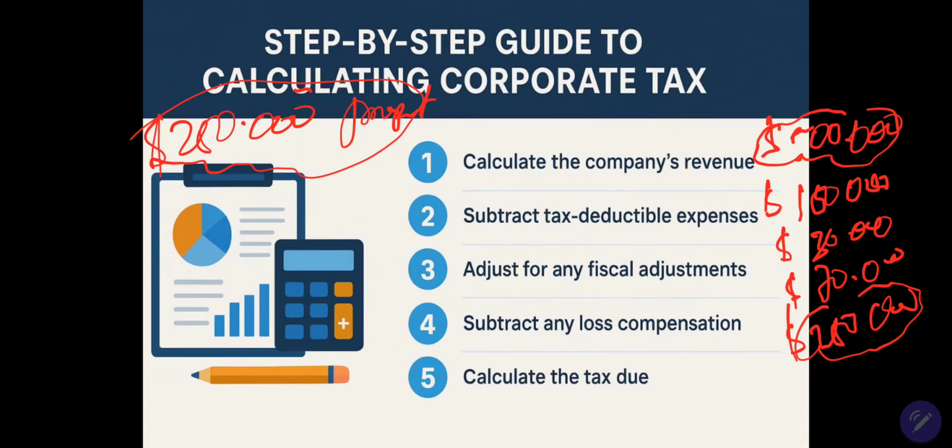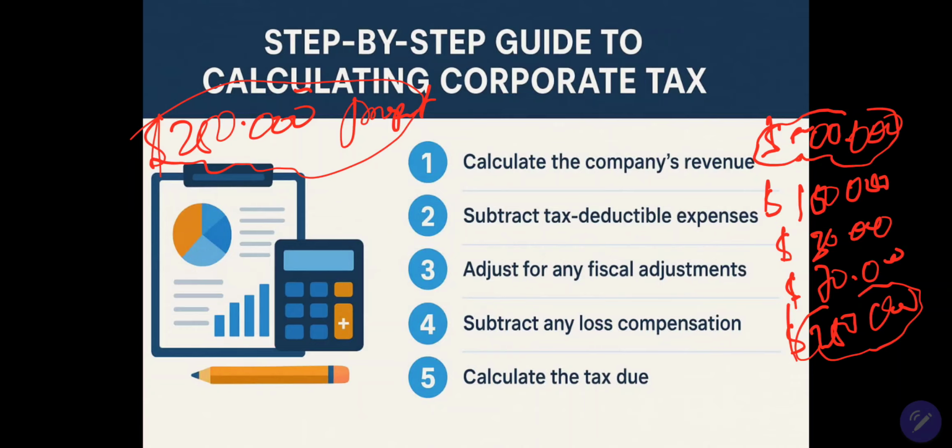In practice, companies prepare their financial statements based on accounting standards, but not all expenses or revenues recorded in accounting are acceptable for tax purposes. Therefore, adjustments are needed to align accounting profit with tax rules.